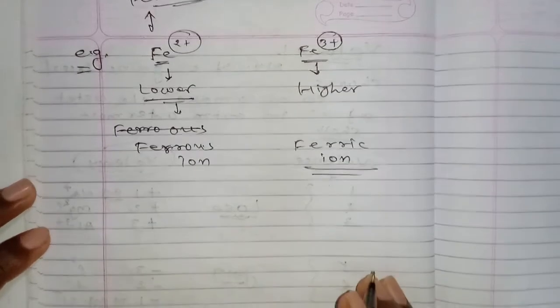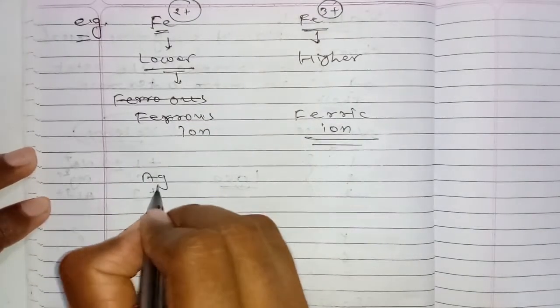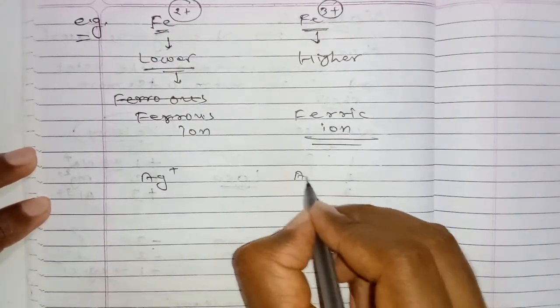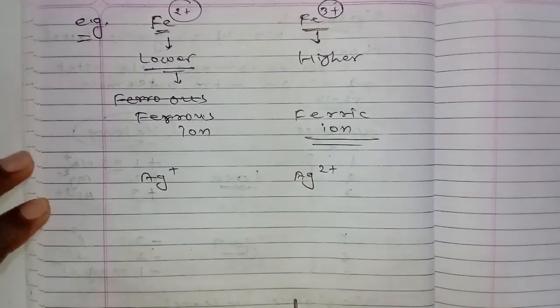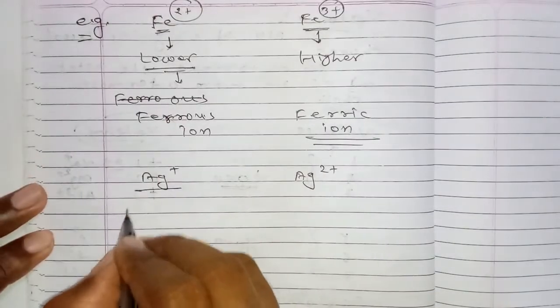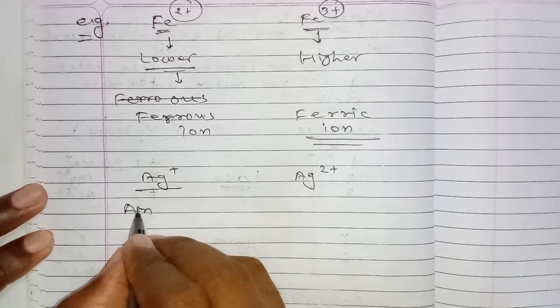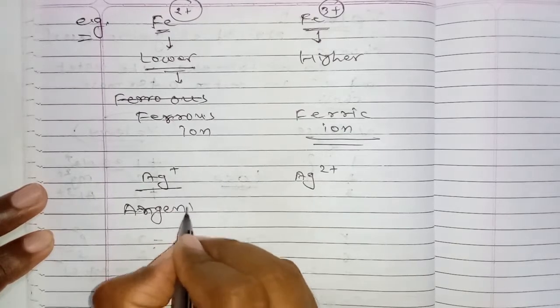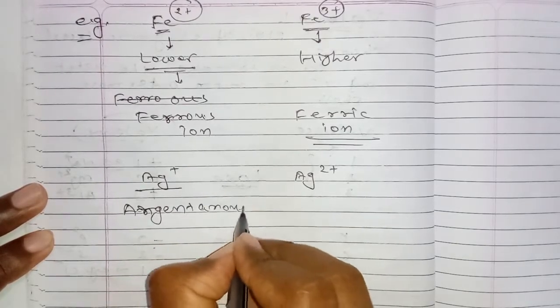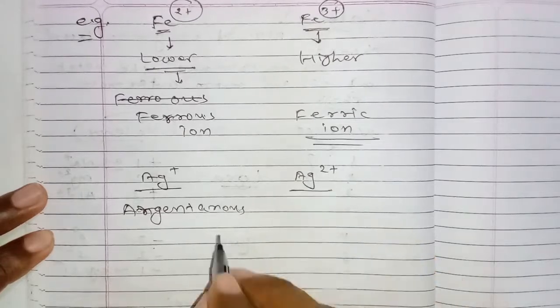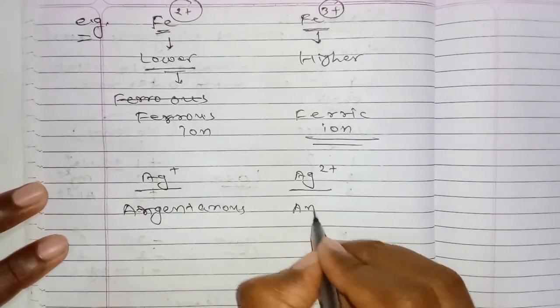Now for Ag plus or Ag2 plus, it is called argentous and argentic; it is a silver metal.